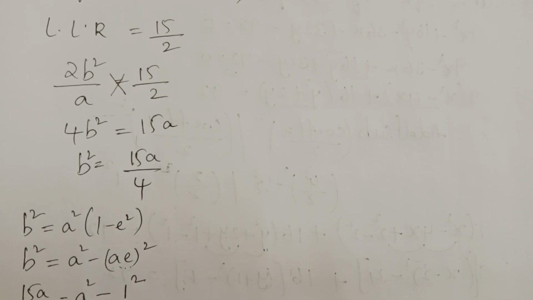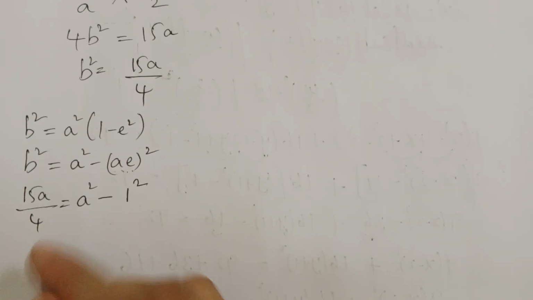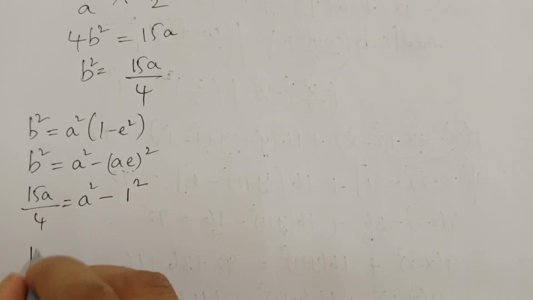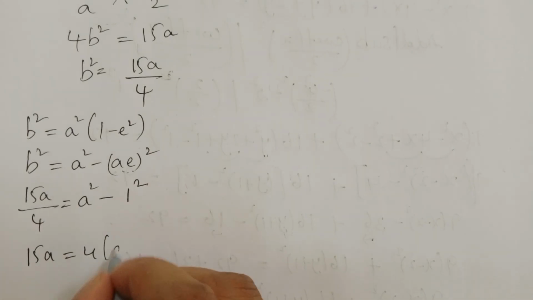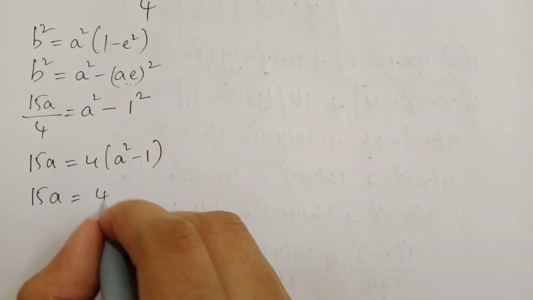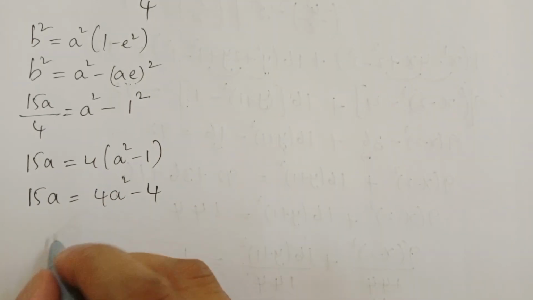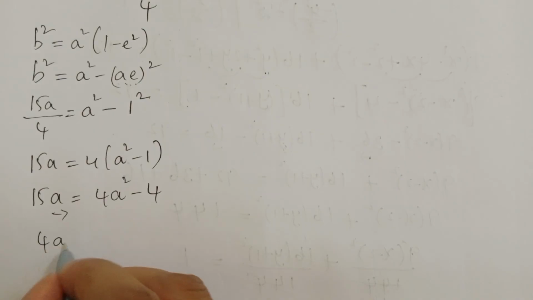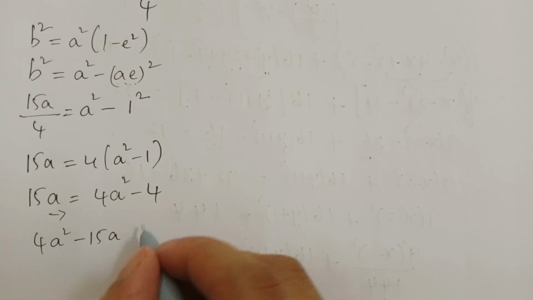Now 4 can be multiplied here, so it is 15a is equal to 4 into a square minus 1, which can be written as 15a is equal to 4a square minus 4. Transposing this, it is 4a square minus 15a minus 4 equals 0.